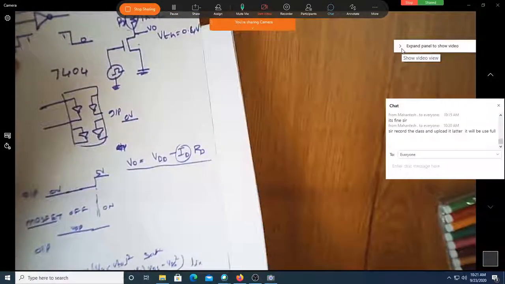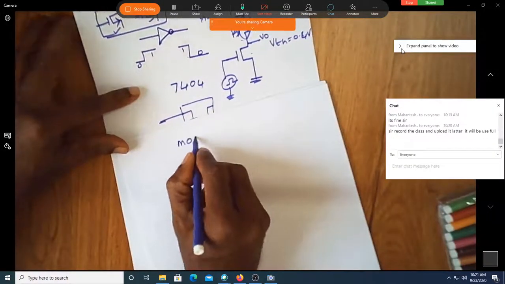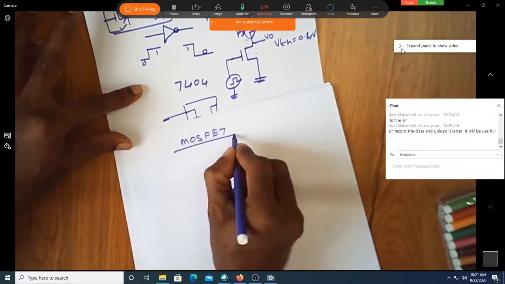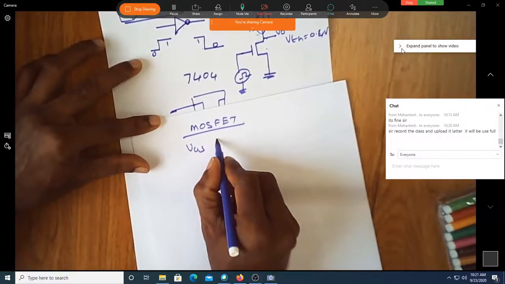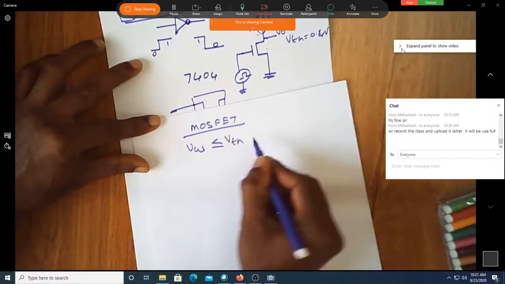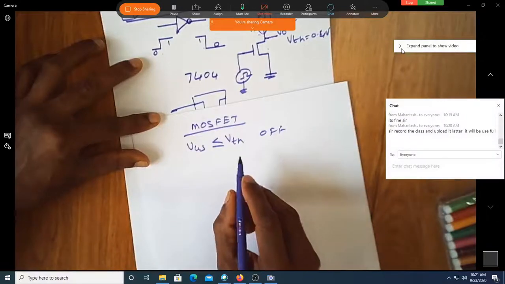Okay, let me just go back to that very basic. We have this MOSFET, we have one VGS. So if VGS is less than or equal to VTH, what is the condition of MOSFET? It's off, correct?